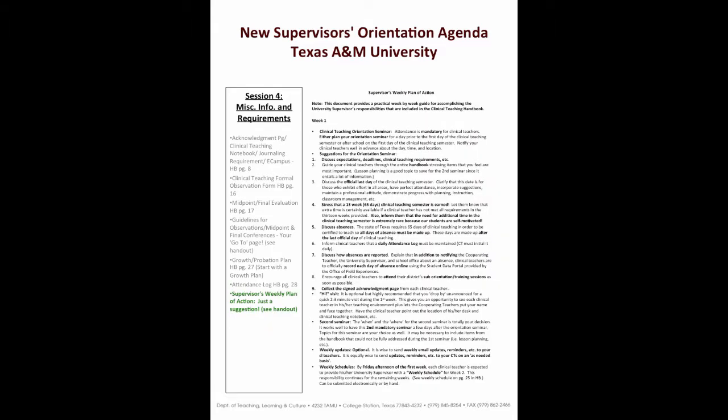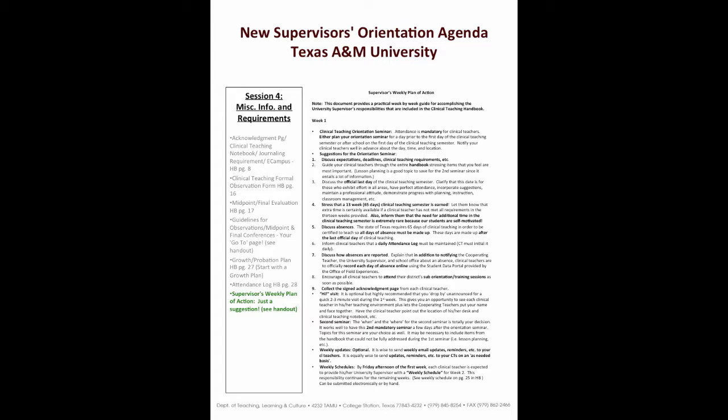For the next slide, find your copy of the miscellaneous handout entitled Supervisor's Weekly Plan of Action. It is 4 pages in length. This is a week-by-week guide as to what a Texas A&M University supervisor does during the semester. Use it as a reference. Since I am also a university supervisor, I've included items in this document that reflect what I personally do in addition to what is required.